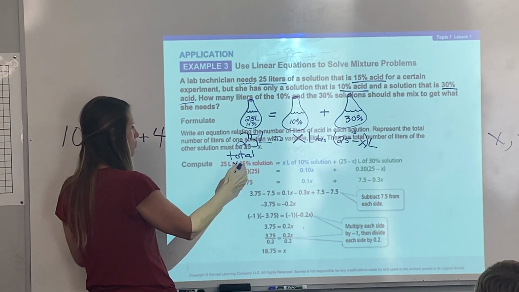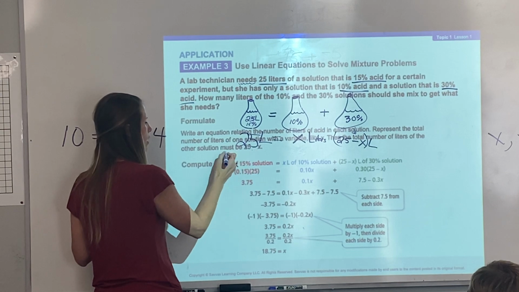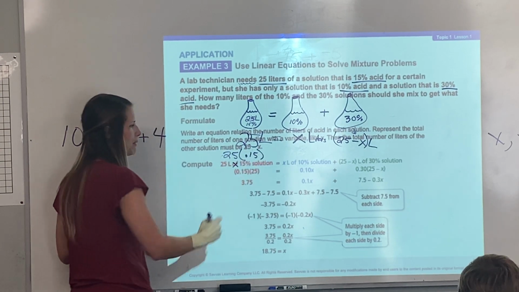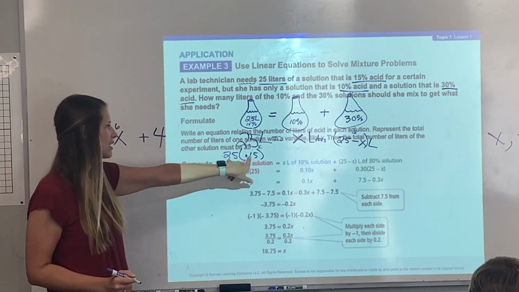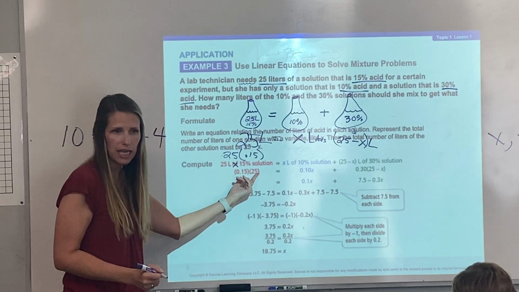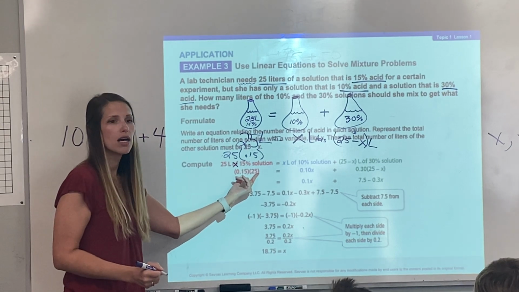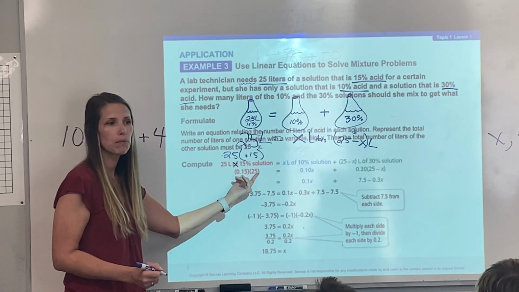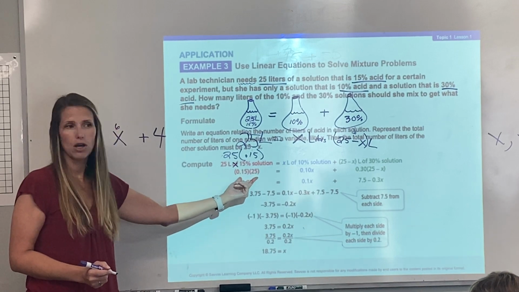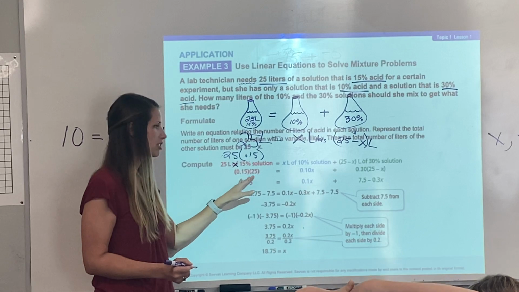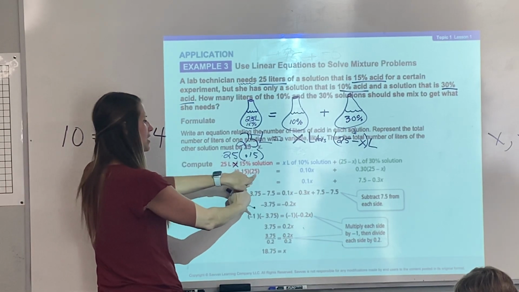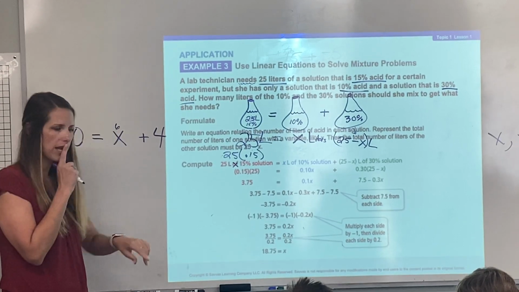You could definitely write this as 25 times 0.15, and that would be beautiful. The book decided to flip it, and it's okay because they're using the commutative property of multiplication because they liked the way this looked better, and that's fine. I just want to explain why this flipped to that.